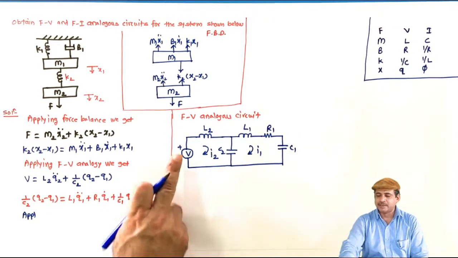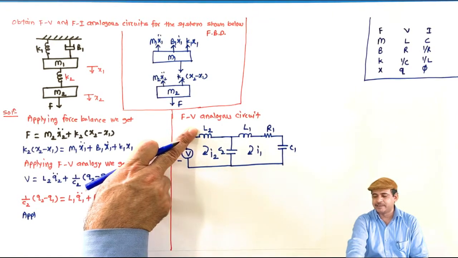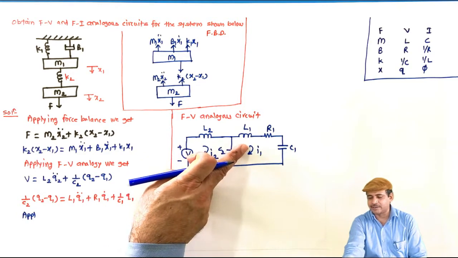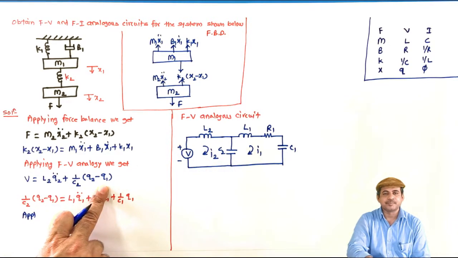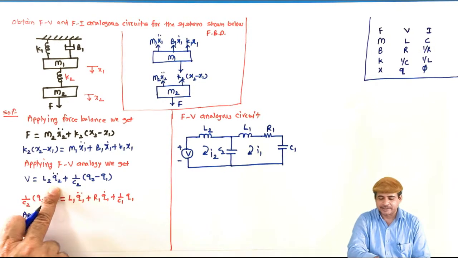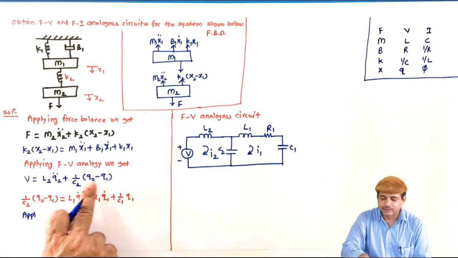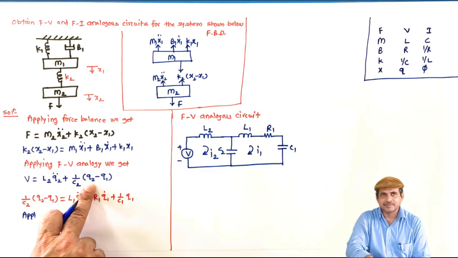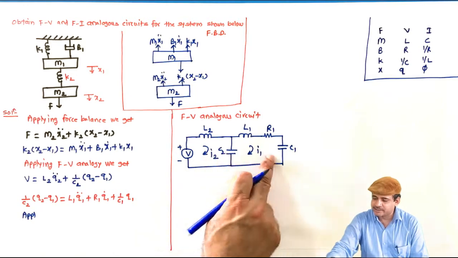You can cross verify: V equals L2 di2 by dt plus 1 by C2 integration of (I2 minus I1) dt, because Q2 double dot is di2 by dt and Q is integration of I. So this is the equation.